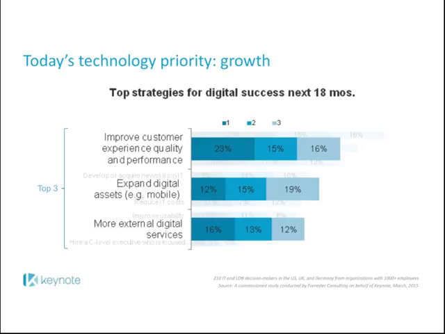And what's interesting about this is that, in another, I would say, non-scientific poll, we asked developers and quality teams how these innovation priorities are actually being communicated down to them from the business.